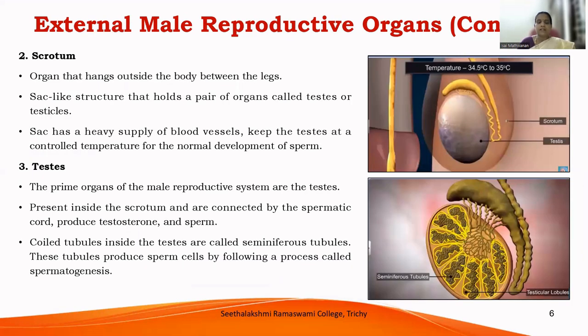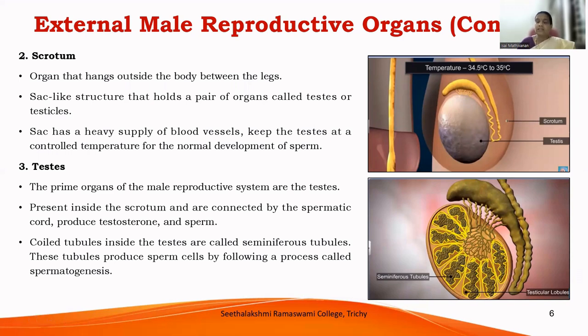And the second one is the scrotum. The scrotum is also an external male reproductive organ. It hangs outside the body between the legs. It is a sac-like structure that holds a pair of organs called testes or testicles.